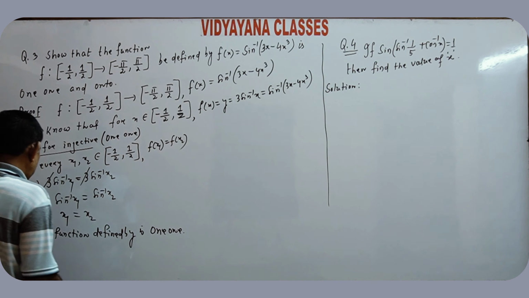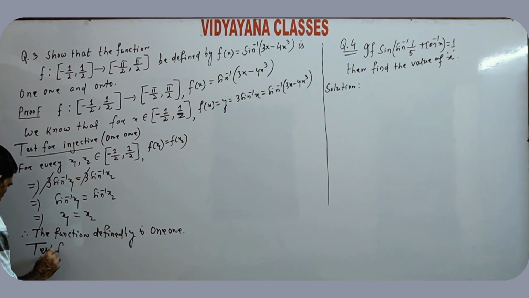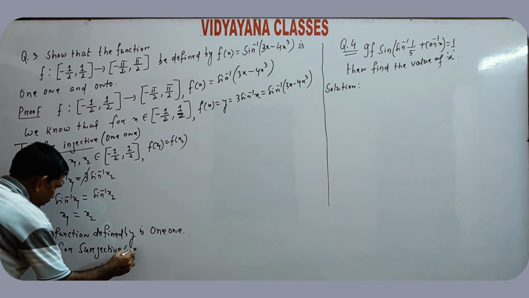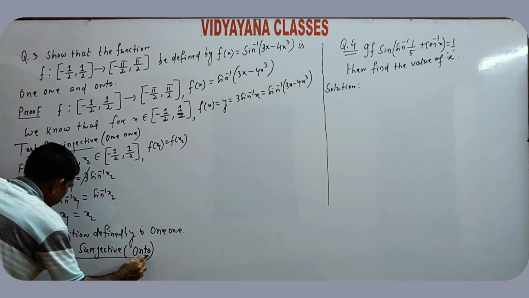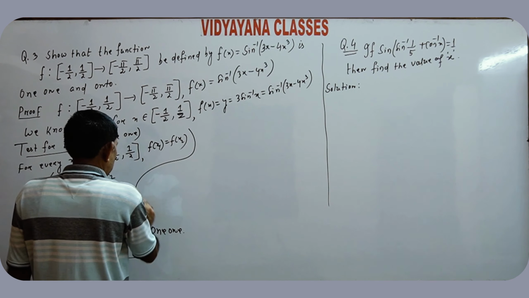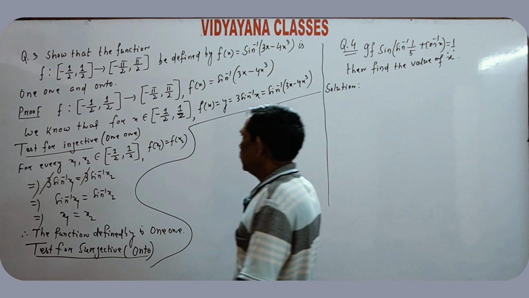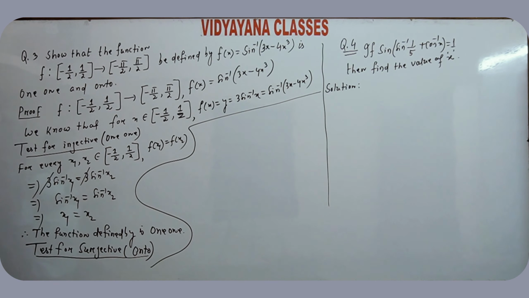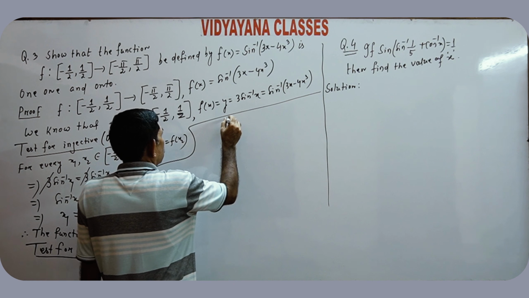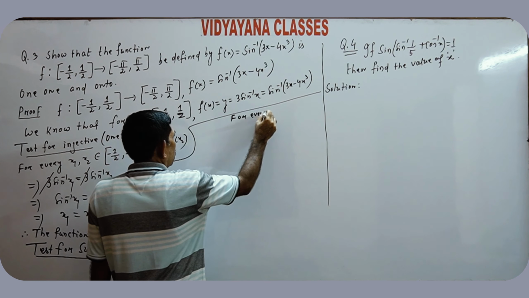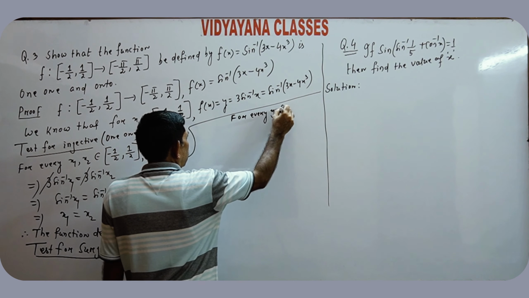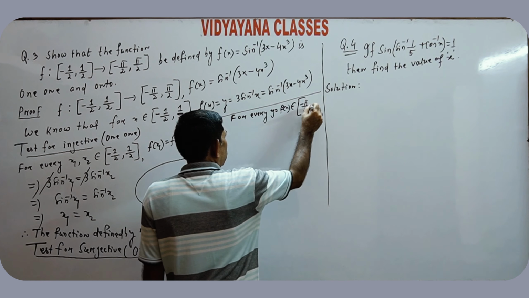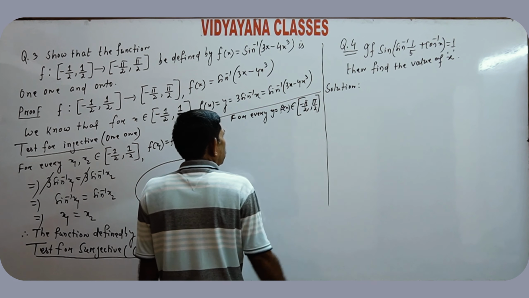Test for surjective. That means onto. For every y that is equal to f(x) belongs to the codomain set, that means [-π/2, π/2].